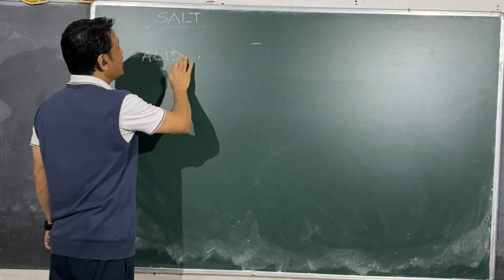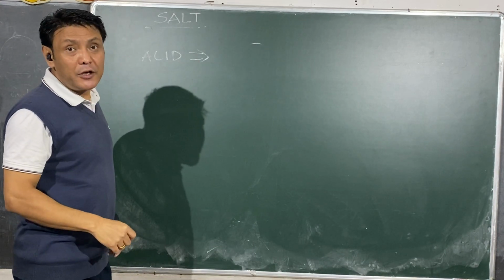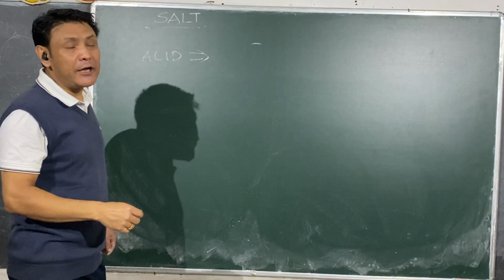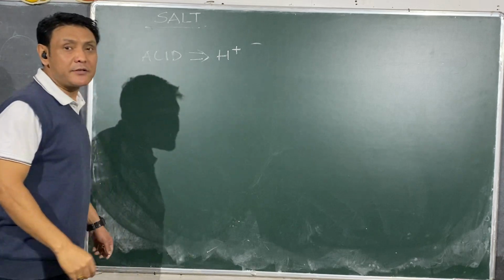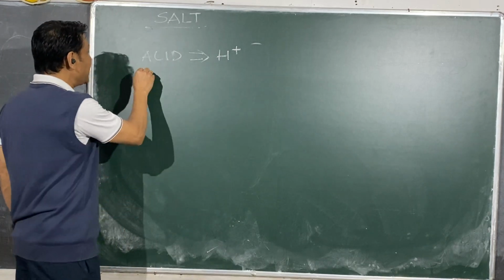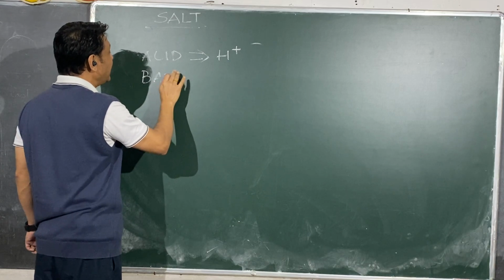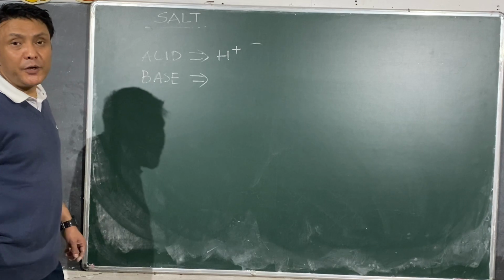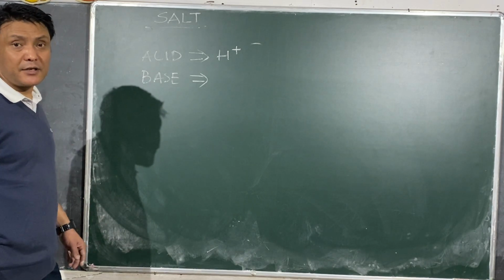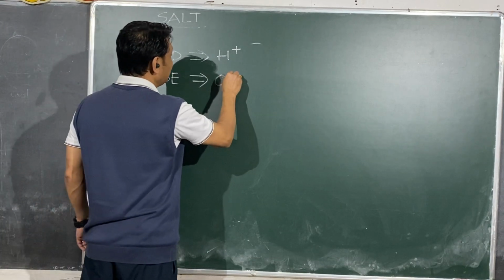Acid is a compound which yields hydrogen ions as the only positive ion in its aqueous solution. And what is a base or an alkali? An alkali is a compound which releases hydroxyl ions as the only negative ion.